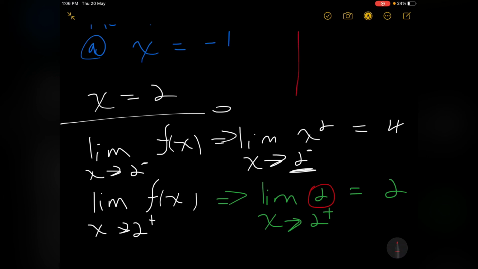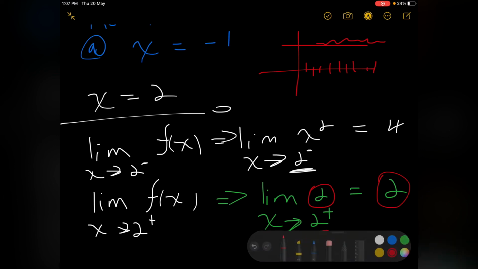So graphically, if you have the function 2, it would be something like that. So at every point here we would have 2 corresponding there. So that is the reason why the limit of 2 is 2, no matter what we are approaching.